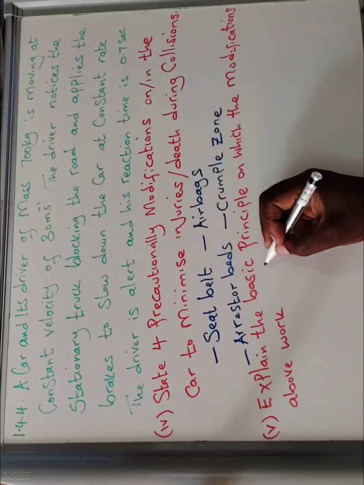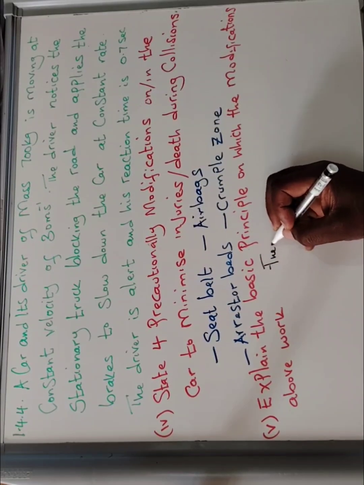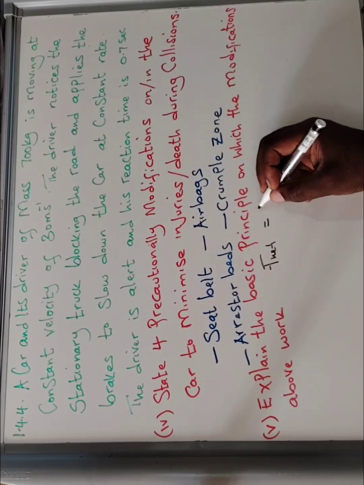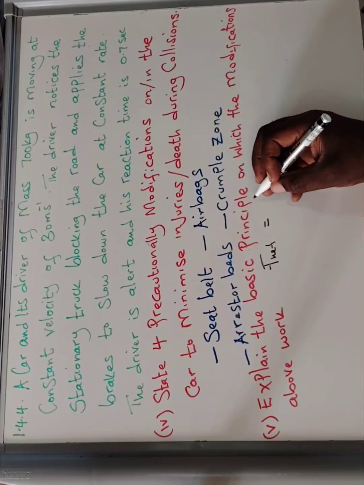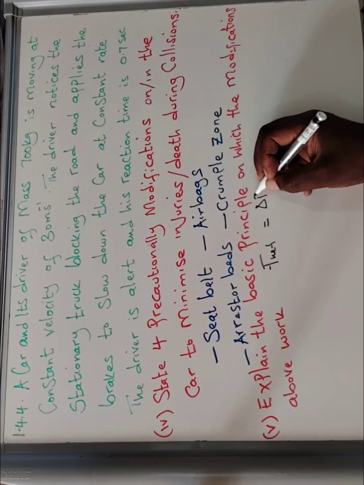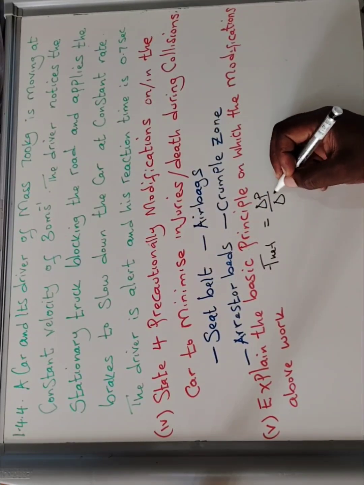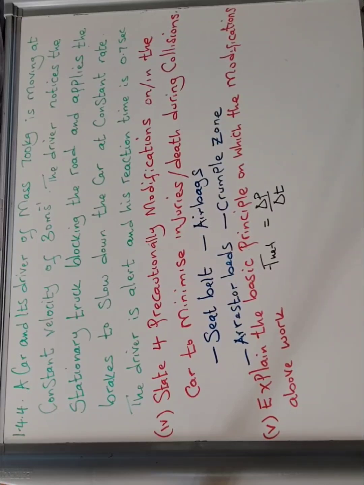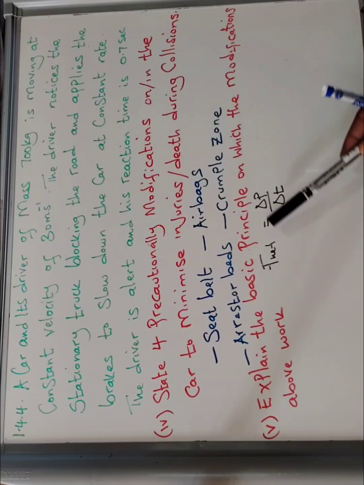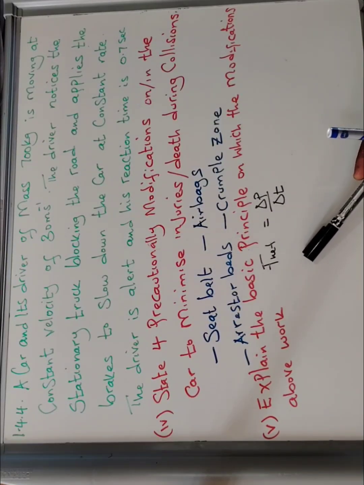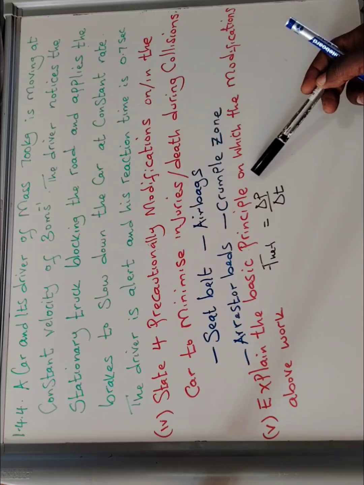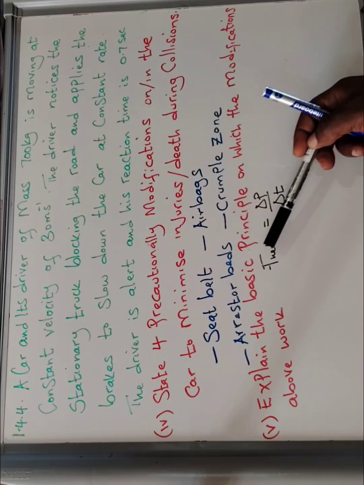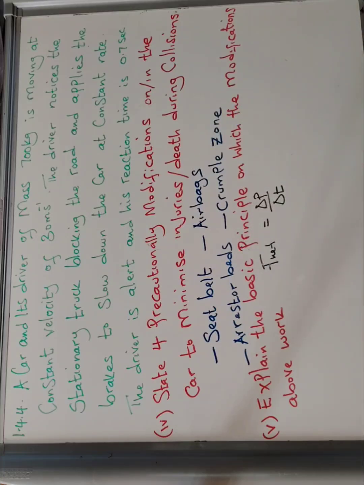Okay, they work basing on this equation. F net is equal to delta P over delta T. So when time increases, F net decreases.